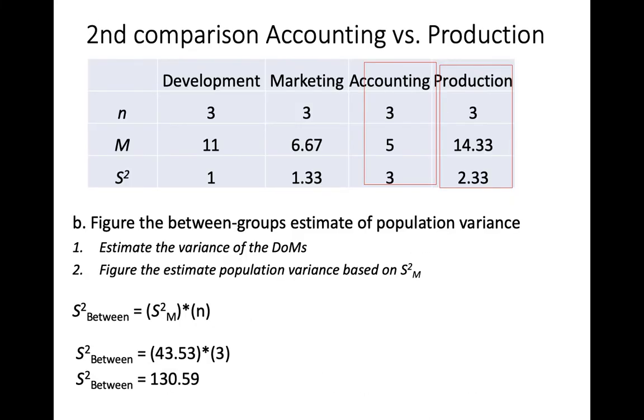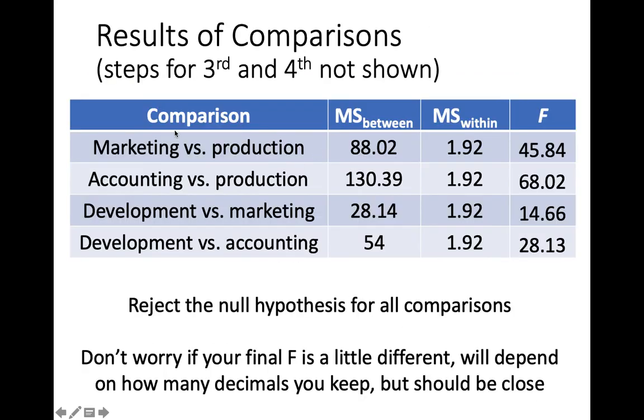Okay, so going back and looking at these means, here they are. What we were able to determine is that based on all of our comparisons, production has a more favorable attitude than accounting. Production had a more favorable attitude than marketing, etc. So it isn't sufficient just to say these are significant differences.